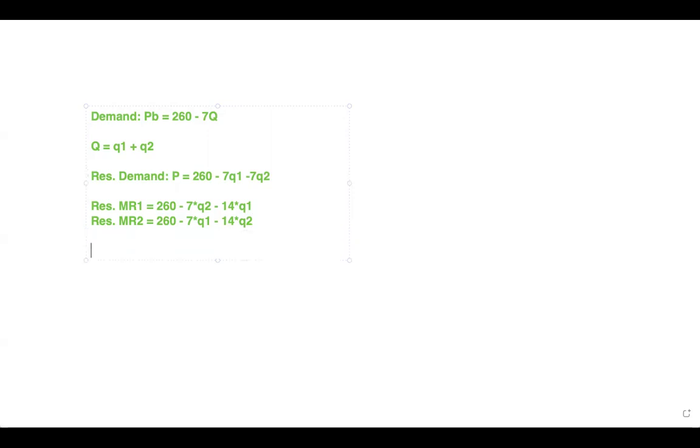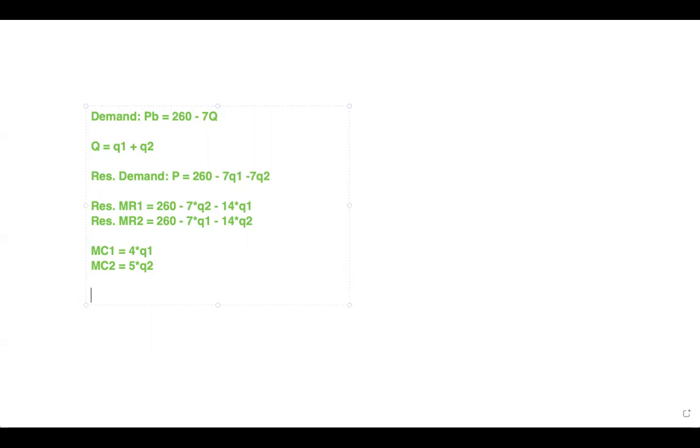Okay. And then you probably remember we have the marginal costs for firm one, and that's going to be 4. So I'll write it lower case. And MC2 is equal to 5 times Q2. Okay.